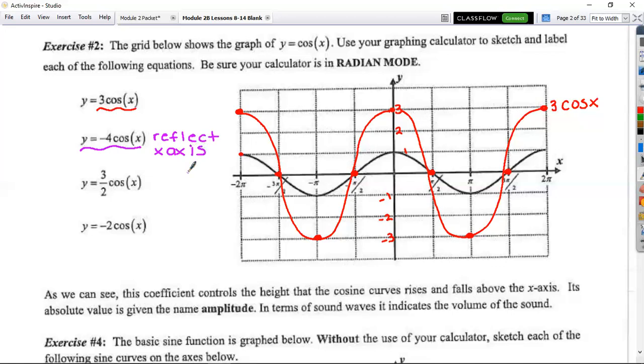Okay. If you can process all that at once, great. If you want to do it in 2 separate steps, I understand completely as well. But what I'm going to think about is this point would go up to 4, but now instead it goes down to -4. Okay? The points on the mirrors do not change. So that one stays the same. This black point right here from the original, because you always go back to the original, this goes up to 4 now.